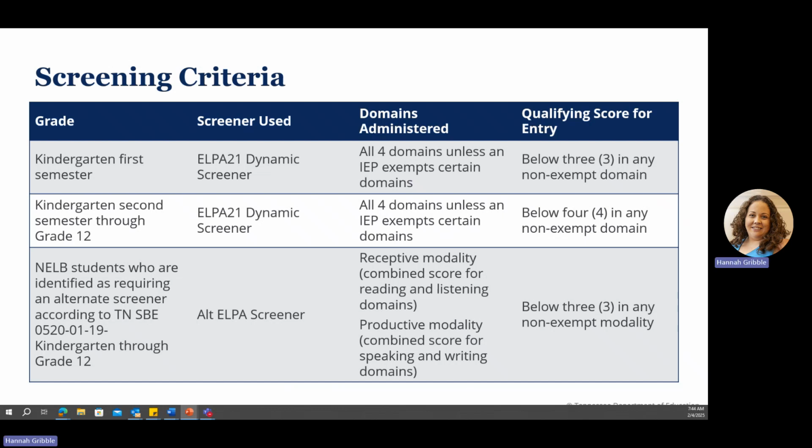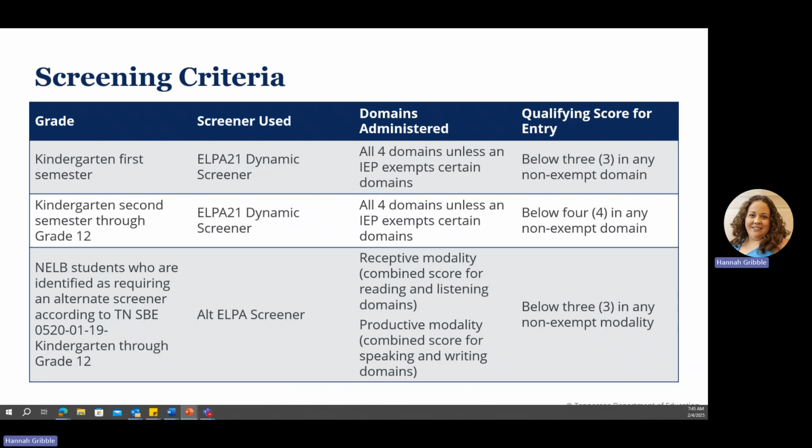First semester kindergarten students must take all 4 domains unless an IEP exempts certain domains. Kindergarten second semester through grade 12 also must take all 4 domains unless an IEP exempts certain domains. The qualifying score for entry for kindergarten first semester is below 3 in any non-exempt domain.